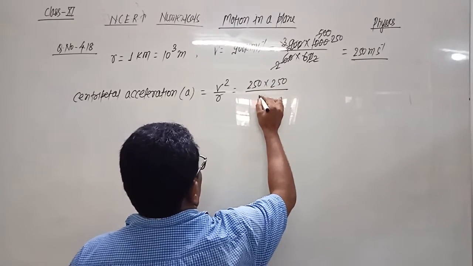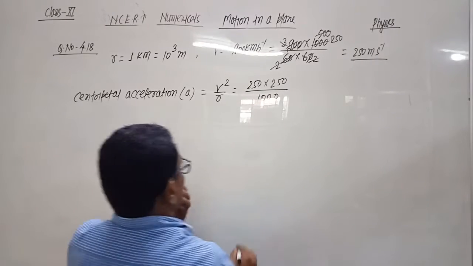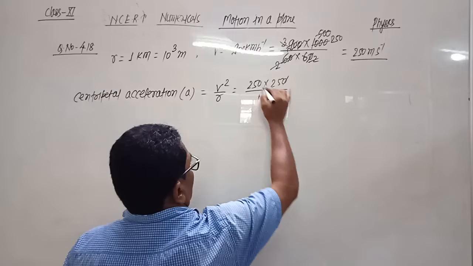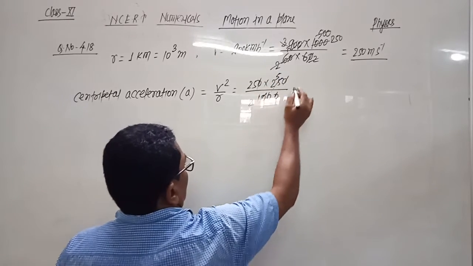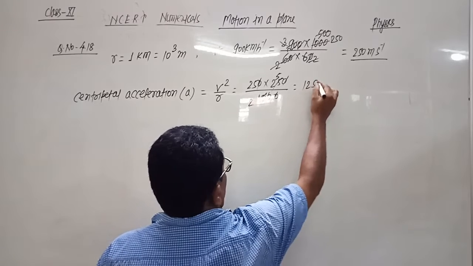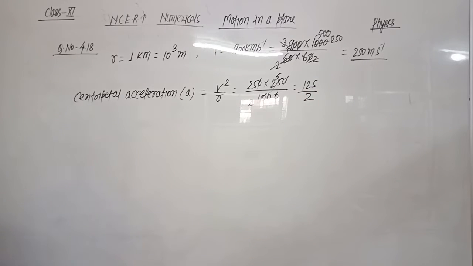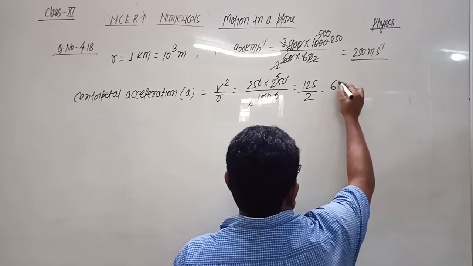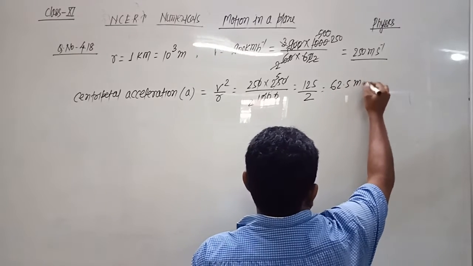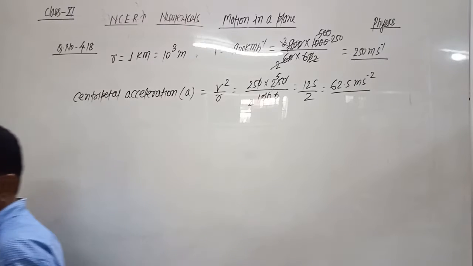The radius is 10 raised to the power 3 meter. This comes to 125 upon 2, which is 62.5 meter per second square. This is the centripetal acceleration.